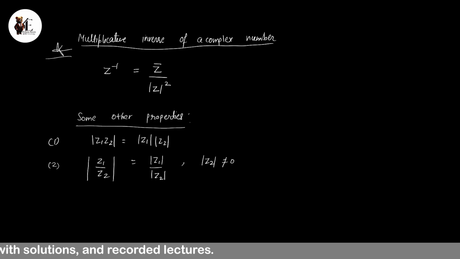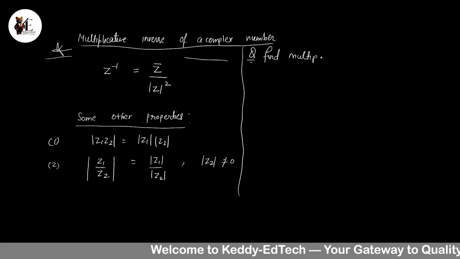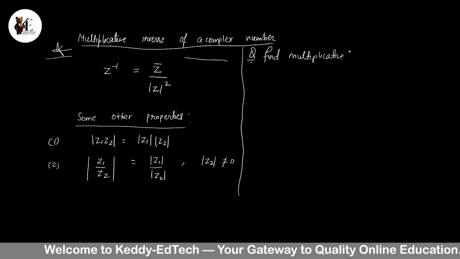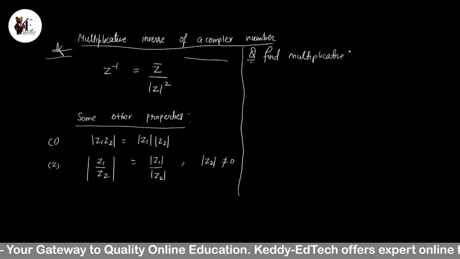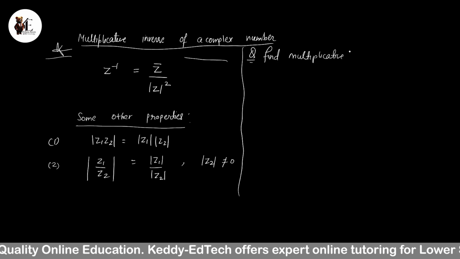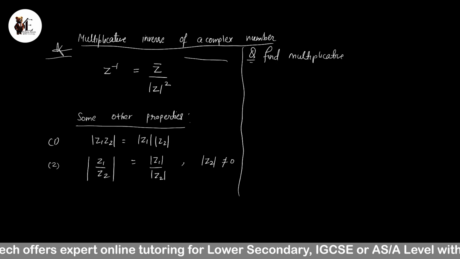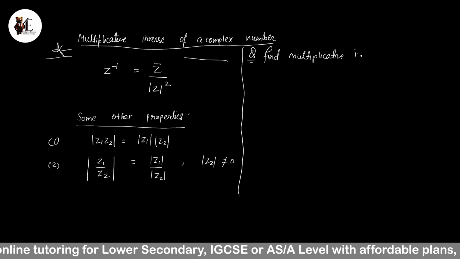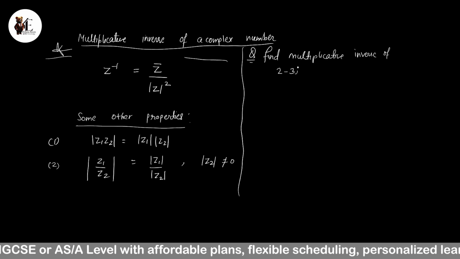And so I'm giving a question to you. The question is that you have to find the multiplicative inverse of 2 minus 3i.